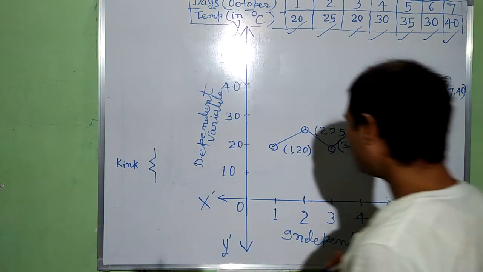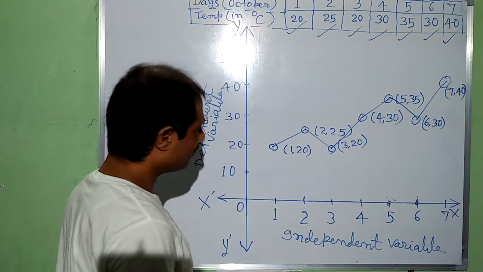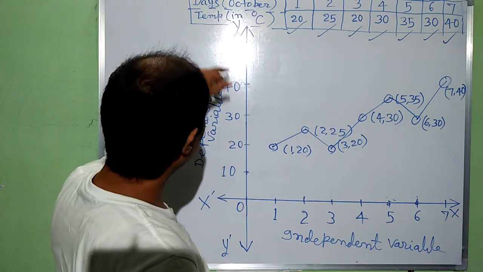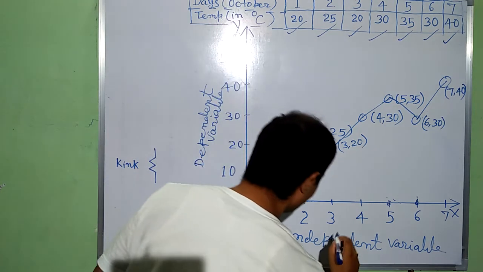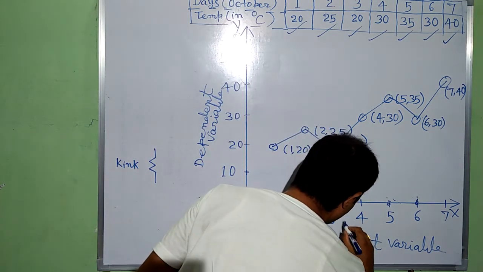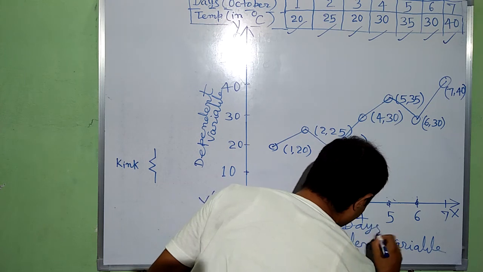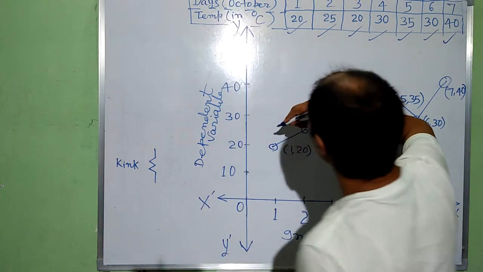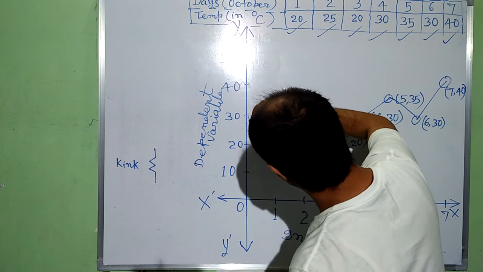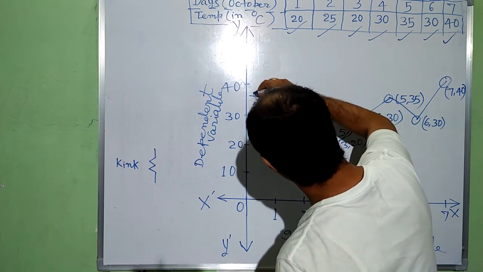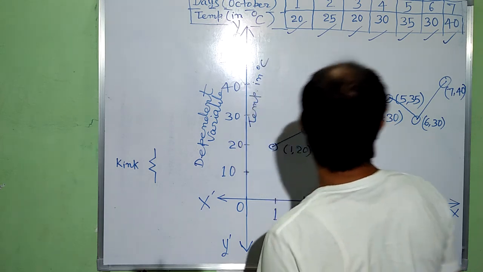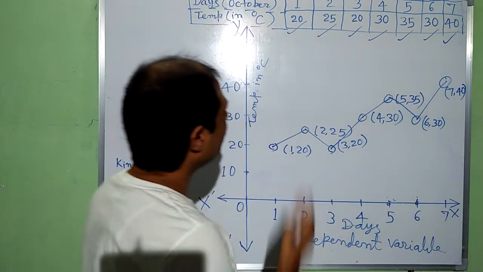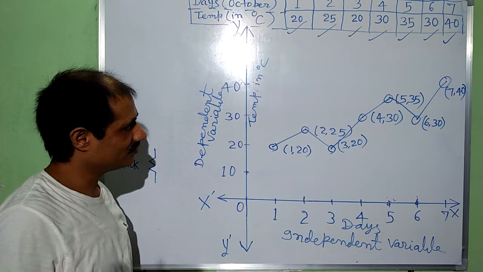This is the relation between days and temperatures. Days we can write like this, days and temperatures in degrees Celsius, and this is the graph of this relation.